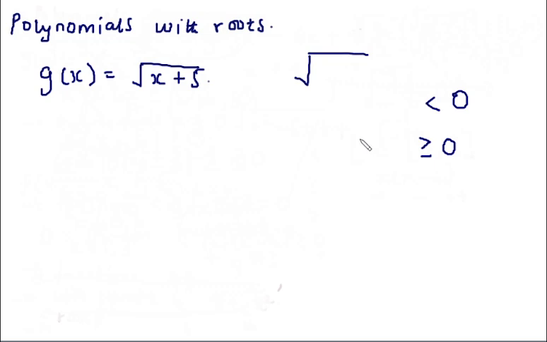So the idea behind this is that it's going to affect the domain of our function. For this function to remain defined, this value inside here, x plus 5, would have to be greater than or equal to 0. Okay? So from here, I'm going to pick a point of interest.